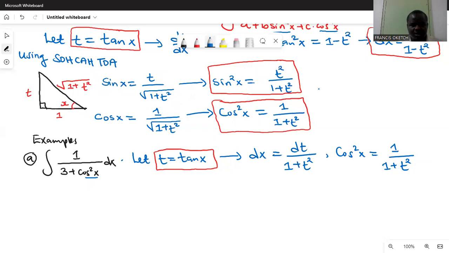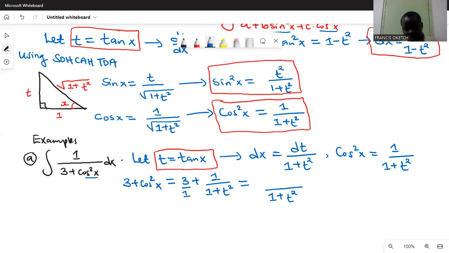Now what I want in the denominator is 3 plus cos squared x. And what should it give us? It is the same as 3 plus 1 over 1 plus t squared. Let's combine this to one fraction. Remember, this is the same as 3 over 1. So the LCM in this case is 1 plus t squared.